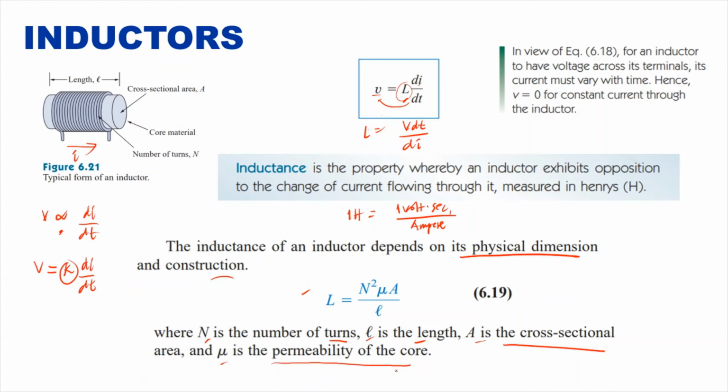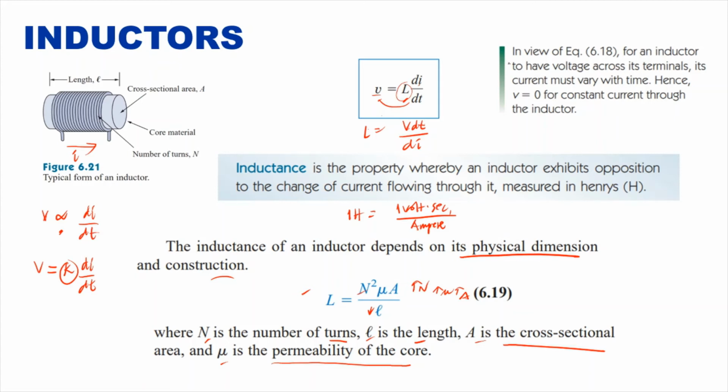What we can generalize here is that for us to have an increased value of inductance, kailangan increase natin yung number of turns, the permeability, and the cross-sectional area, or by reducing the length of the coil.